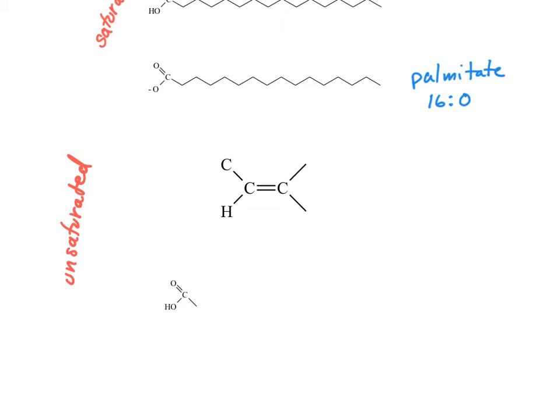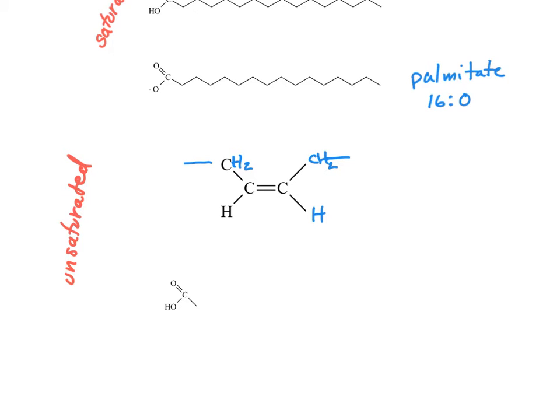So I'd like to tell you a little bit about how these double bonds are laid out in fatty acids. And the first thing I want to tell you is that they are typically, in the human body, in a cis form. I hope you remember the idea of cis and trans from organic chemistry with regard to double bonds, alkenes that is.